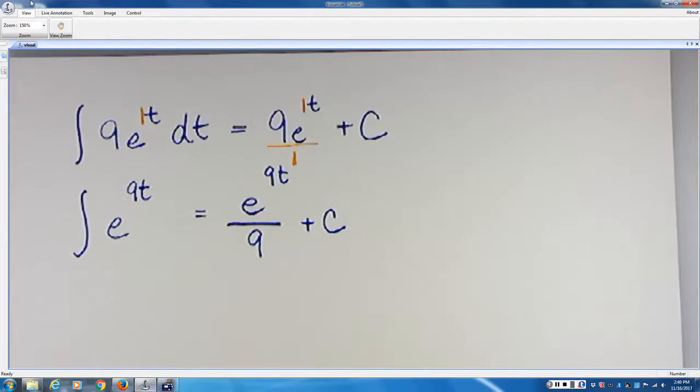And then our next one, I lost my piece of paper, is 3e to the 4/5 u.